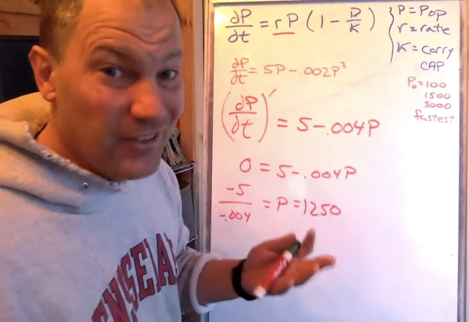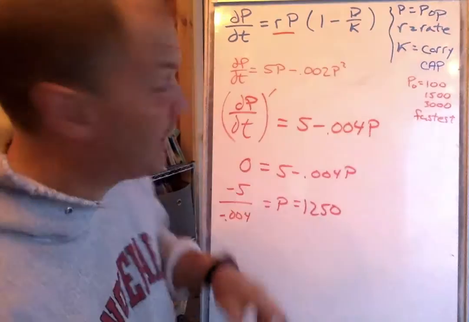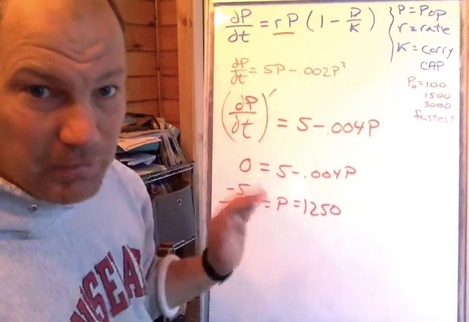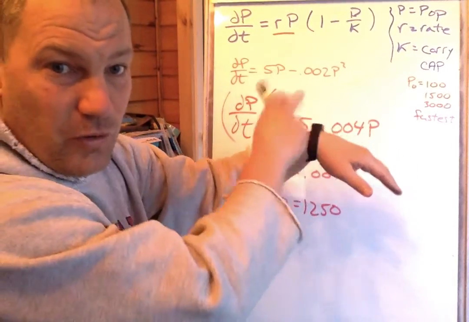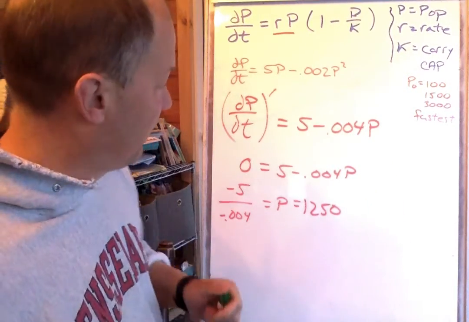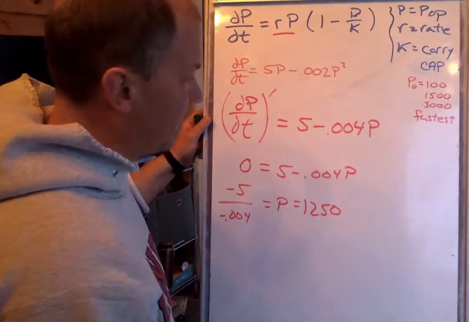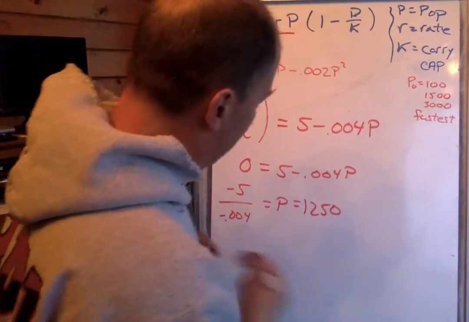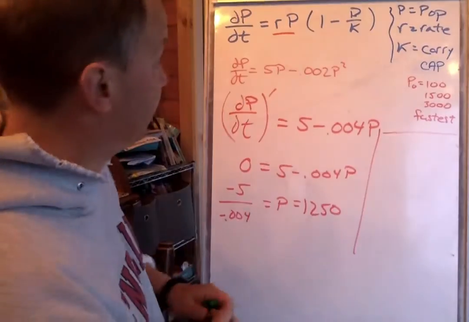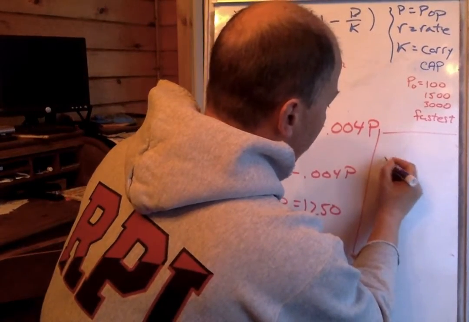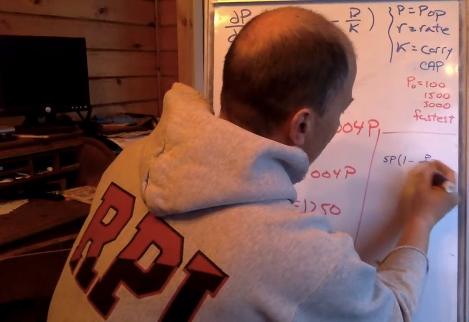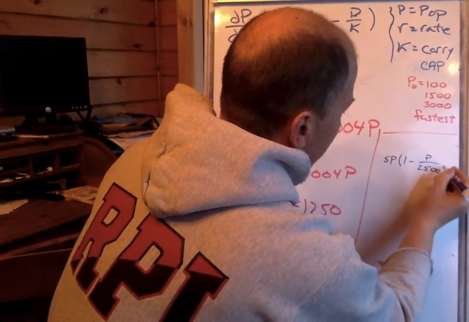We could have done this a much easier way, though. The easier way is to look at this and go, oh, this is a quadratic. It's shaped this way, right? It's an upside down quadratic. So the maximum is here. We've already factored this, so we could have looked at it. I should have left it up. So I'm going to put it right here. We could have looked at it in factored form, and the factored form was 5p times 1 minus p over 2,500.